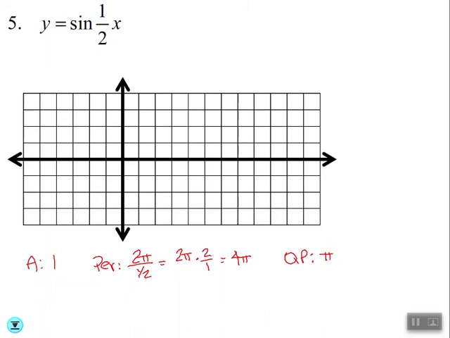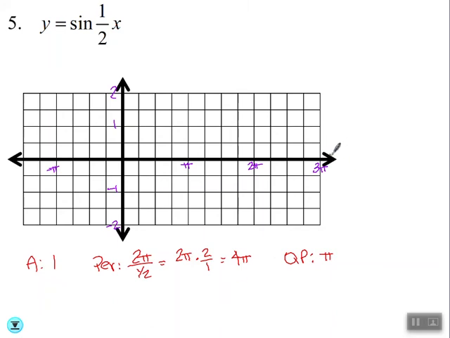I'm going to label the axes like I have for all of the other problems. But I have a problem here. The period is going to be 4 pi, which means that it will take 4 pi radians to complete the cycle once.